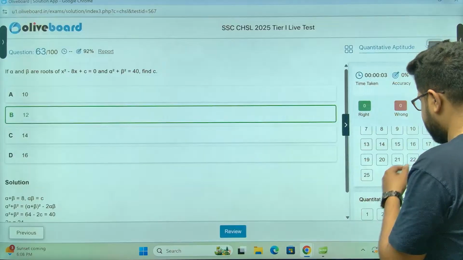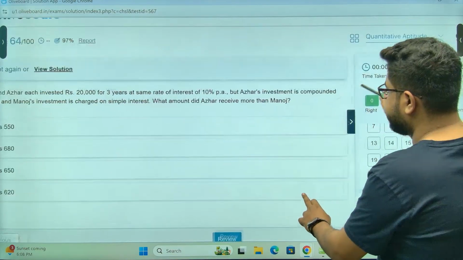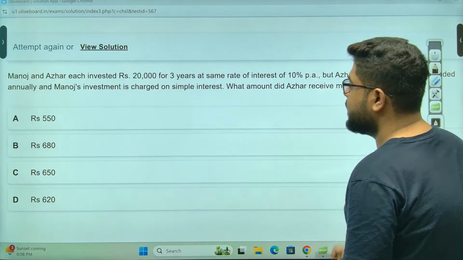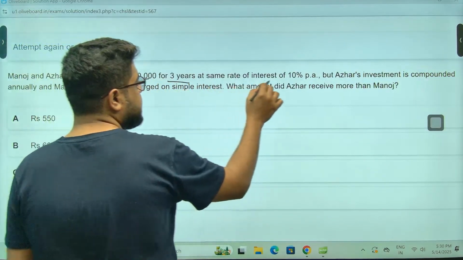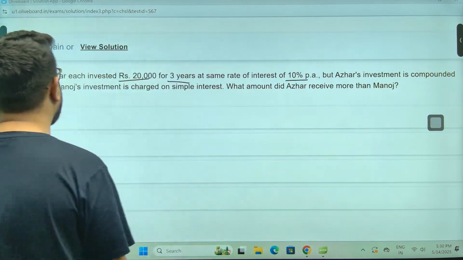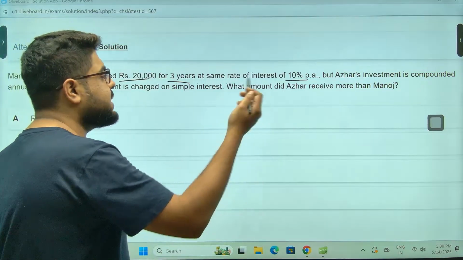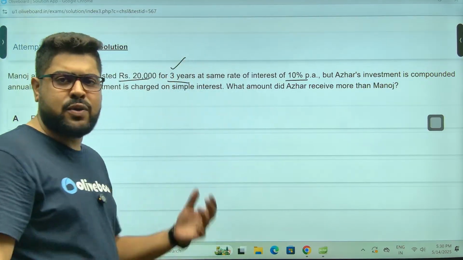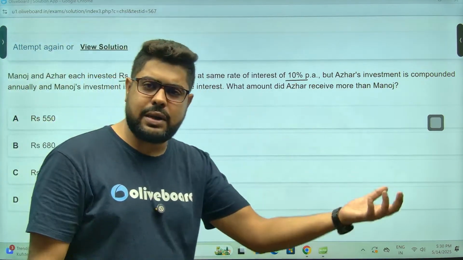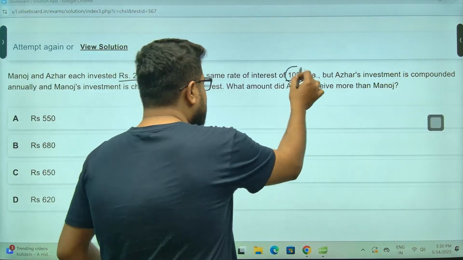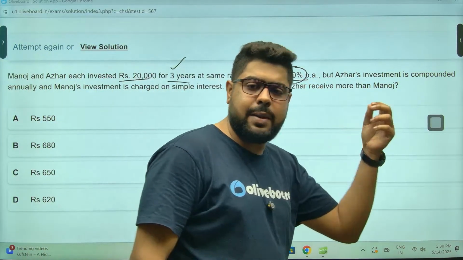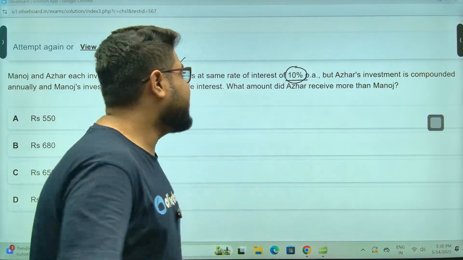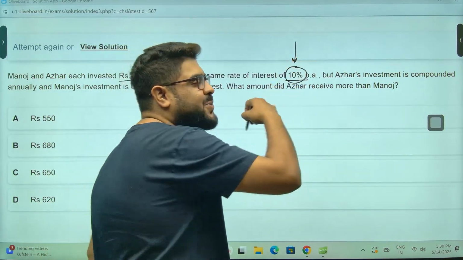Moving on. Very simple. Manoj and Azhar invested this for 3 years at the same rate. Azhar's investment compounded annually. We need CI minus SI for 3 years. You can use the formula, or use the normal approach because it is 10%, and we all know the values, so we don't need to calculate.